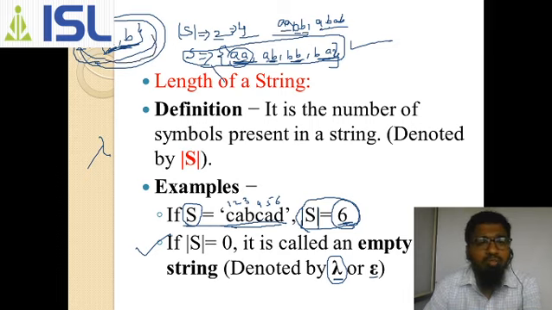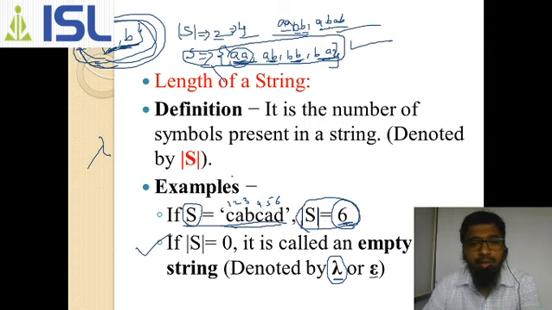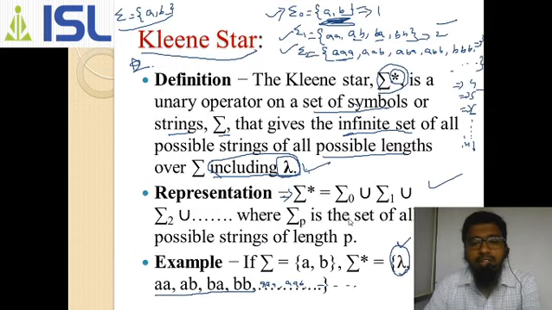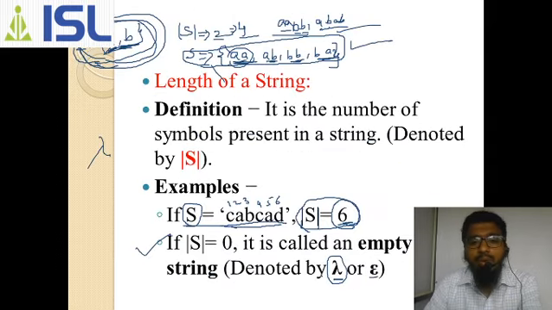Like this, with the given sigma, given alphabets, we can make strings. Normal s represents a string, and mod s represents its length. And the empty string, of length 0, is denoted by lambda or epsilon.